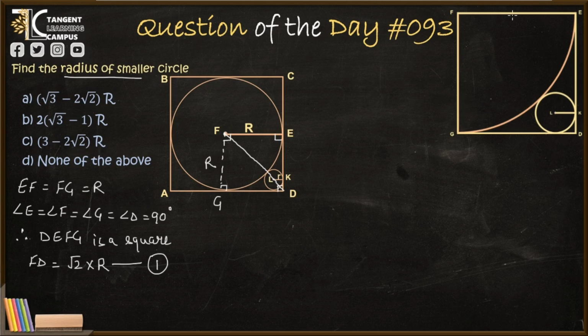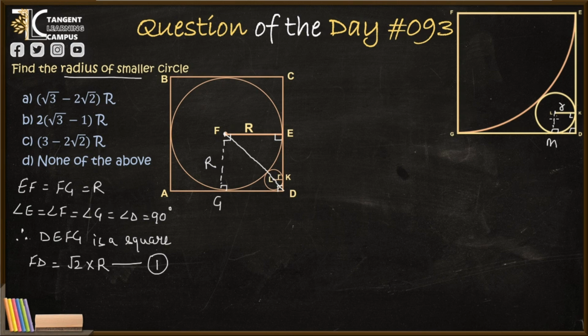So here I have drawn one more figure of this square DEFG. Here we will consider this smaller circle first. So here the radius KL is given as small r, and we can draw one more radius similarly like we did in the bigger circle. So let us draw one more radius LM. At point M a 90 degree angle will form, and similarly at point K a 90 degree angle will form, and we know that angle D is 90 degrees.